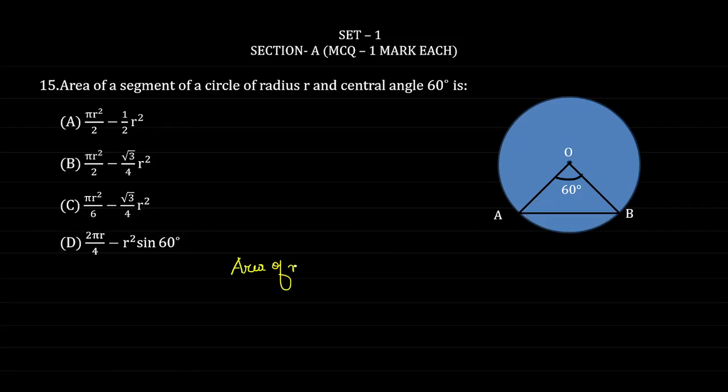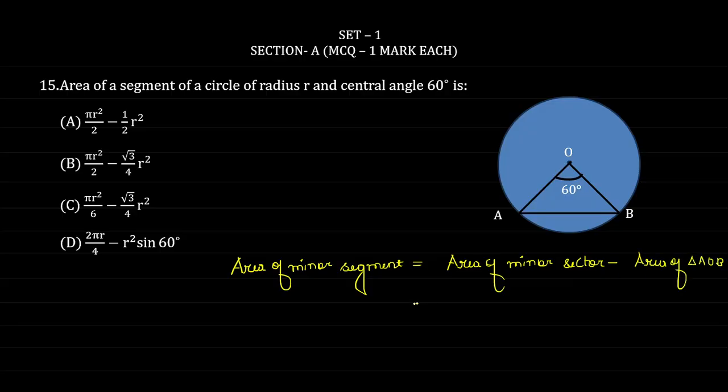Area of minor segment is equal to area of minor sector minus again the area of triangle AOB, correct? Now we know this formula, so I'll put the value here: 60 divided by 360, that's pi r square by 6.